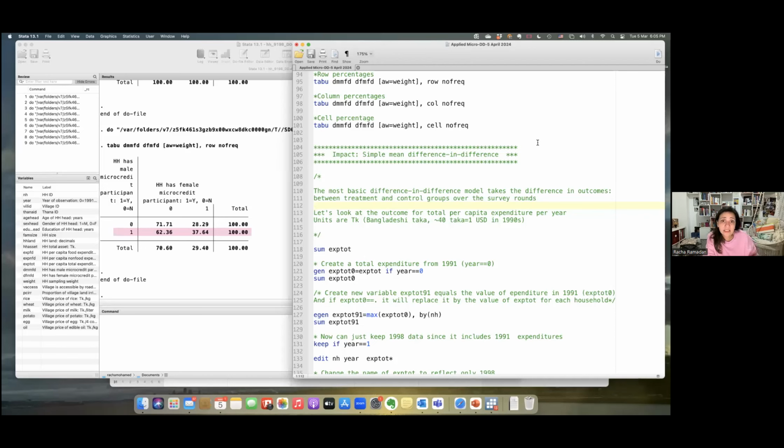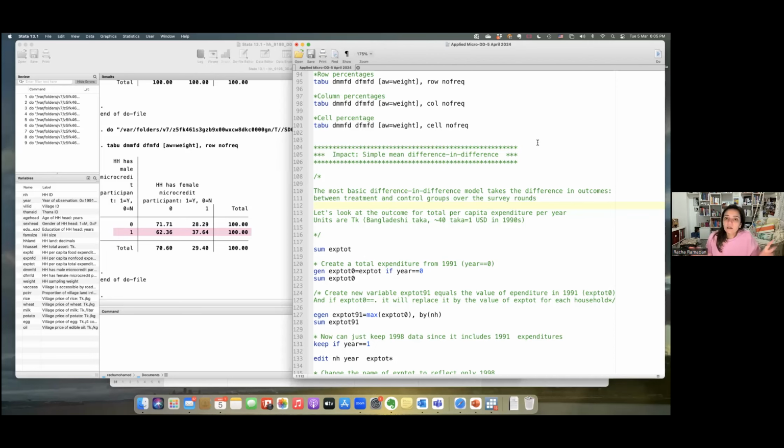We can start simply, it's not like doing difference in difference or PSM, but I can simply compare the average total per capita expenditure of the households who have beneficiaries with the average total per capita expenditure per year of the households who have no beneficiaries.